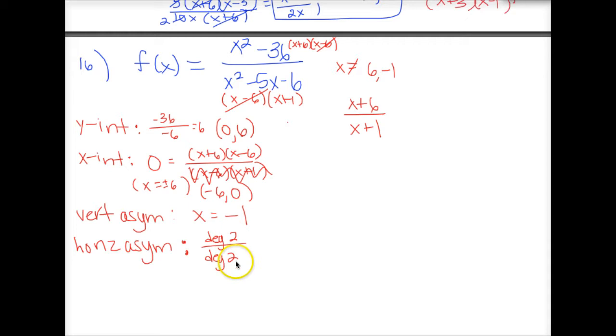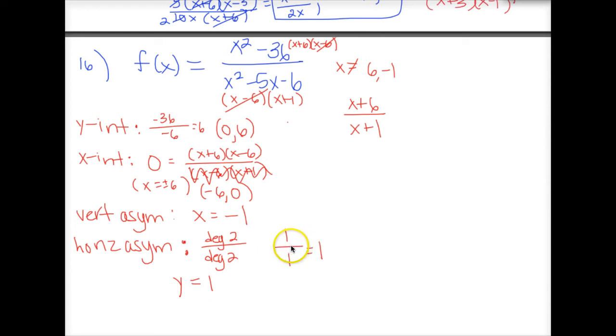When the degrees are the same, the horizontal asymptote is the ratio of the leading coefficients. So the leading coefficient in the numerator is 1. The leading coefficient in the denominator is also 1. 1 over 1 is 1, so that means my horizontal asymptote is y equals 1. So when the degrees are the same, you do the ratio.